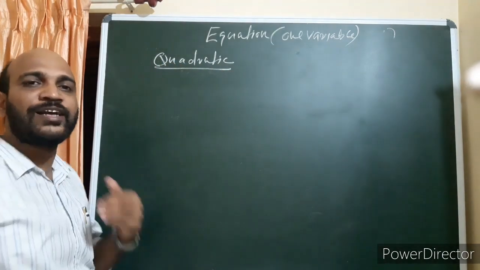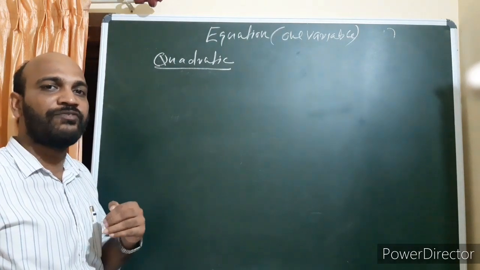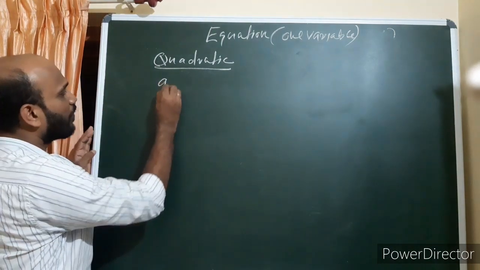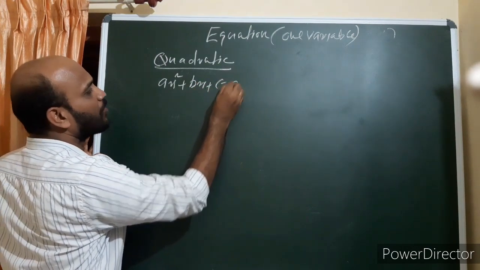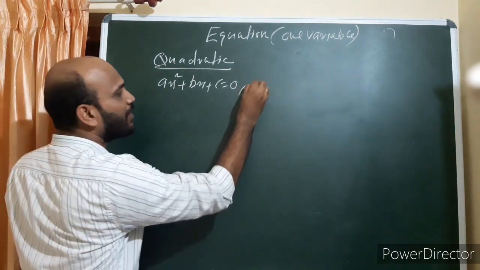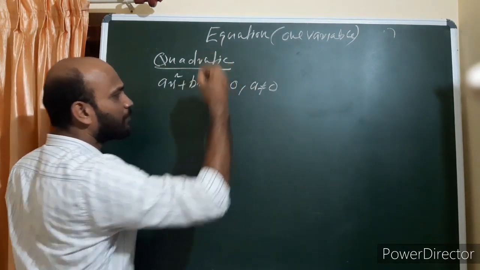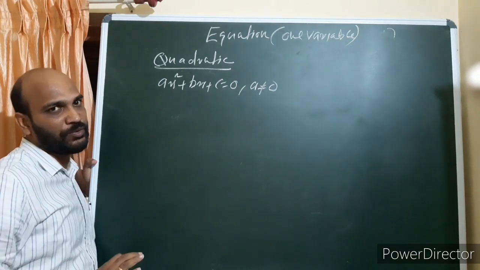Quadratic means the power of x should be 2. So the general form of a quadratic equation in one variable is ax squared plus bx plus c equal to 0, where a, b, c are real numbers and a not equal to 0. You know how to find the solution of this quadratic equation.